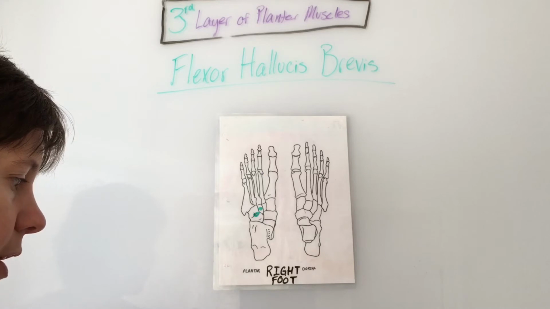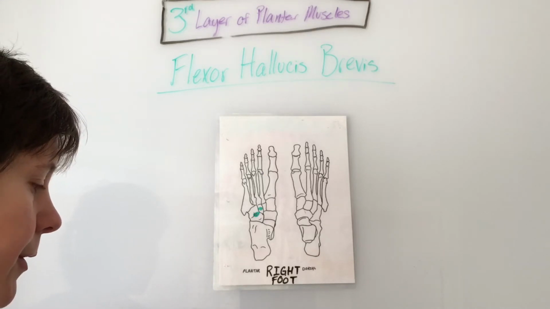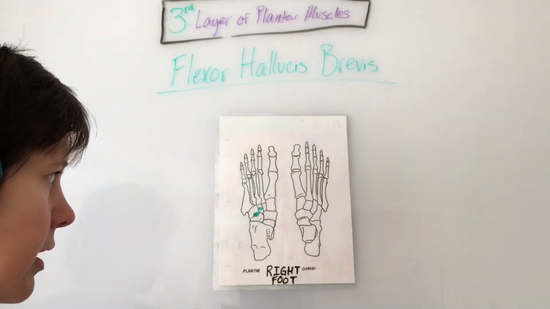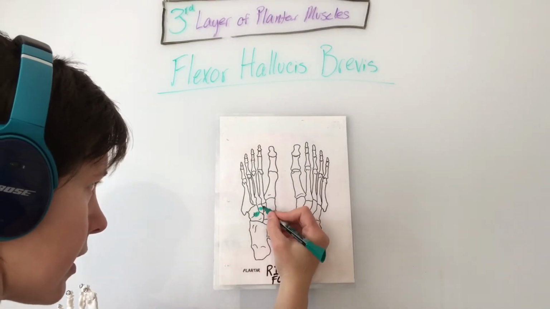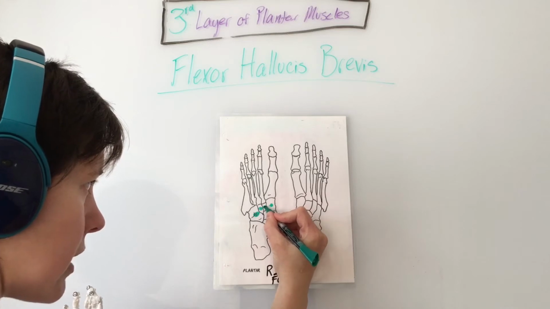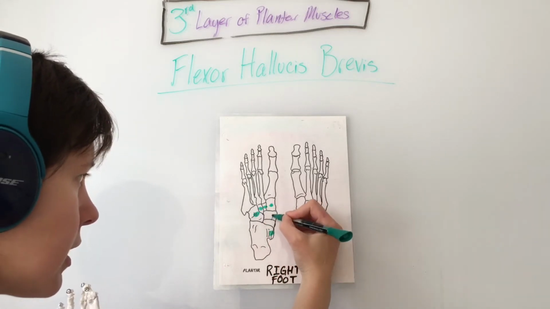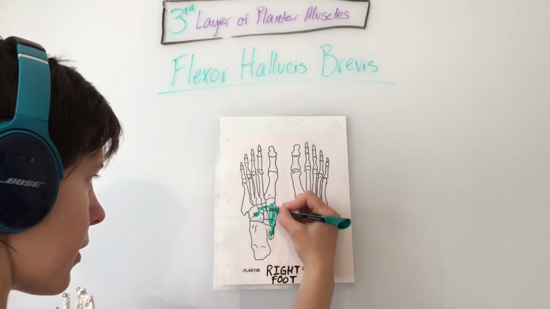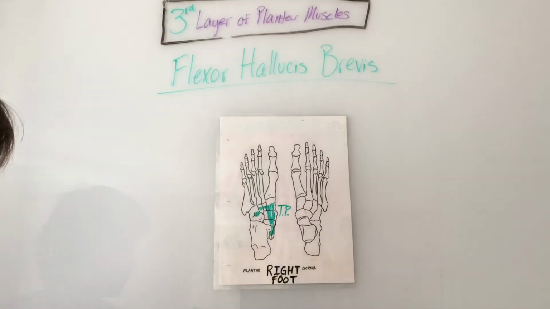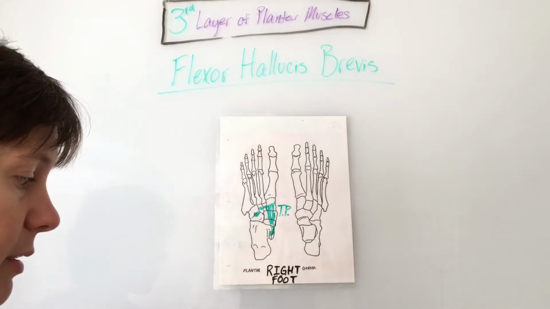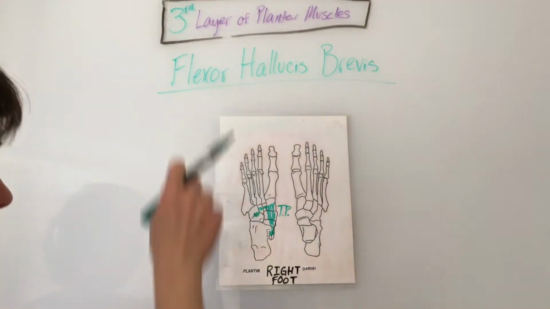To refresh your memory of the tibialis posterior insertions, the sustentaculum tali, the medial and intermediate cuneiforms, and the navicular are all the tibialis posterior insertion points, which serve as the origin points for the medial head of the flexor hallucis brevis.